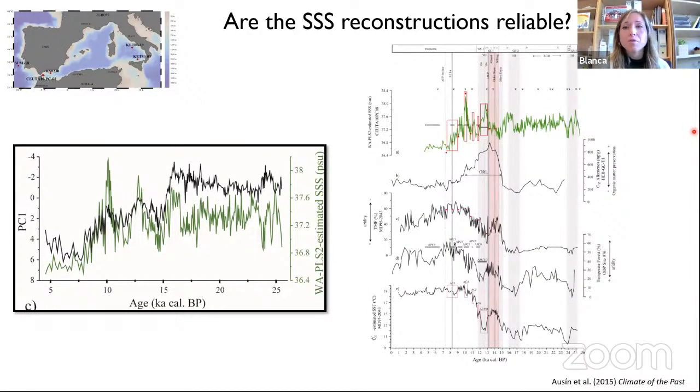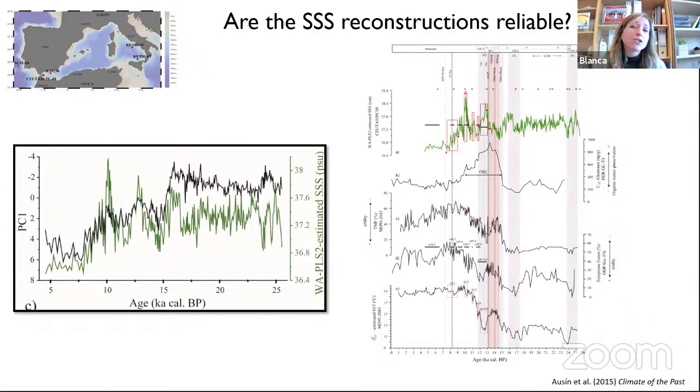Compared with other proxy records and so on. What we've just shown here is that this regional transfer function that has been implemented in this work could be used to reconstruct sea surface salinity in any core retrieved from the Western Mediterranean and included in paleoclimate reconstruction.